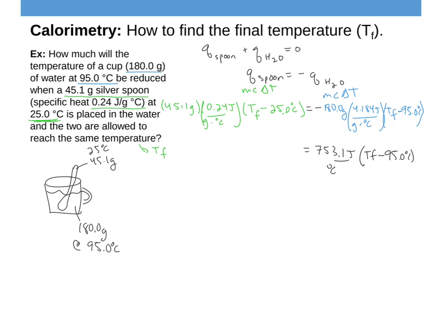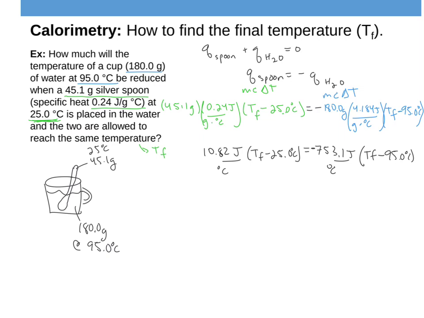If I do the same thing on the right-hand side, sorry, this is a negative, I'm going to get 10.82 joules per degree Celsius times my TF minus 25.0 degrees Celsius.